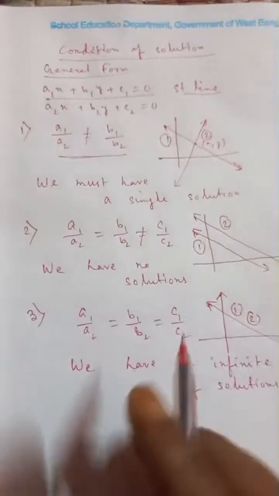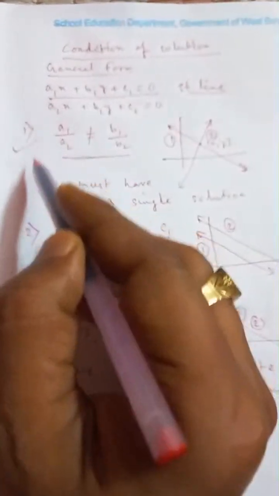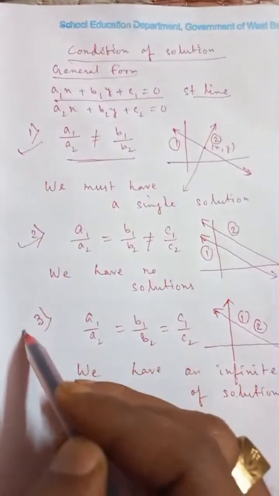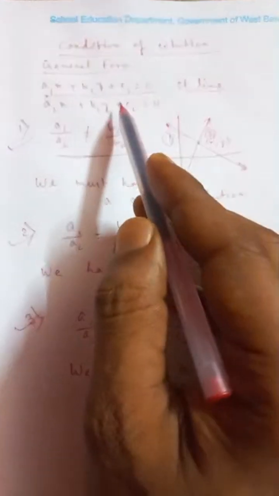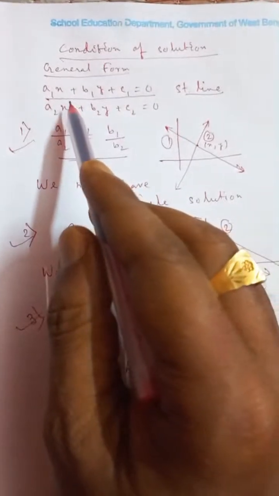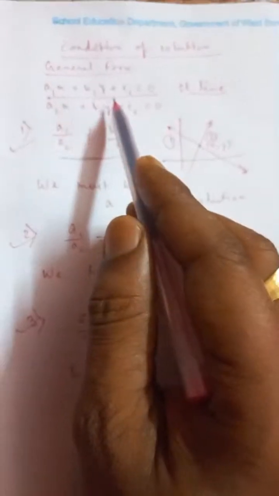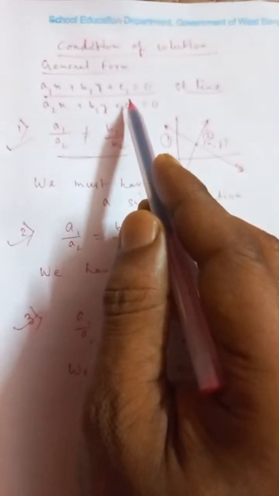So these are the three conditions required to solve such kind of equations of first degree and two variables.